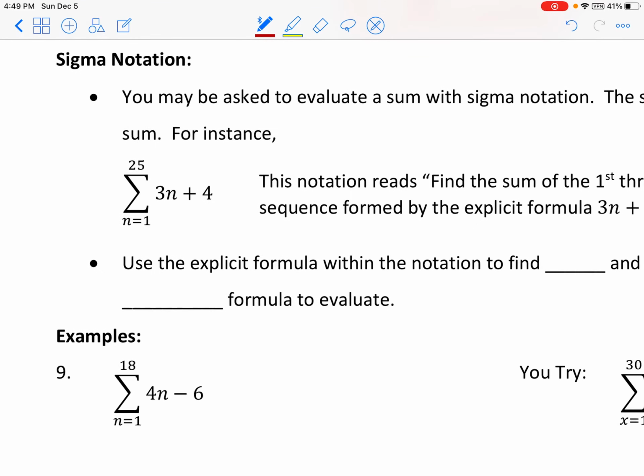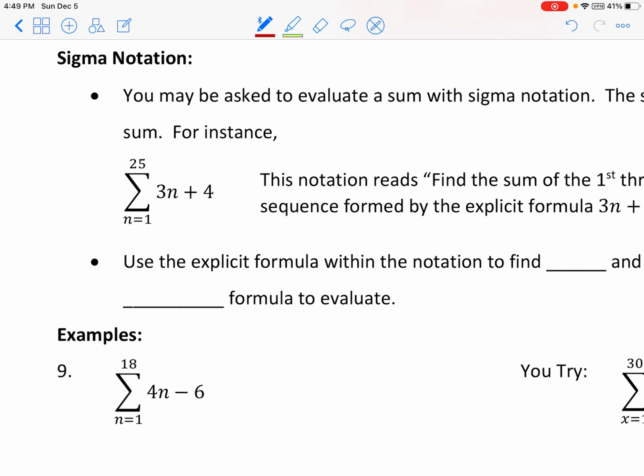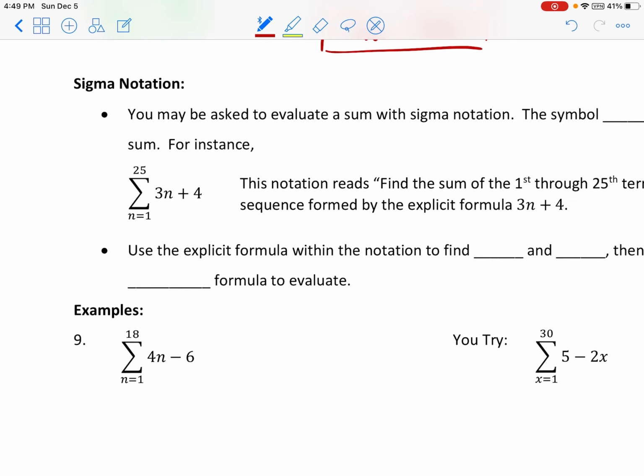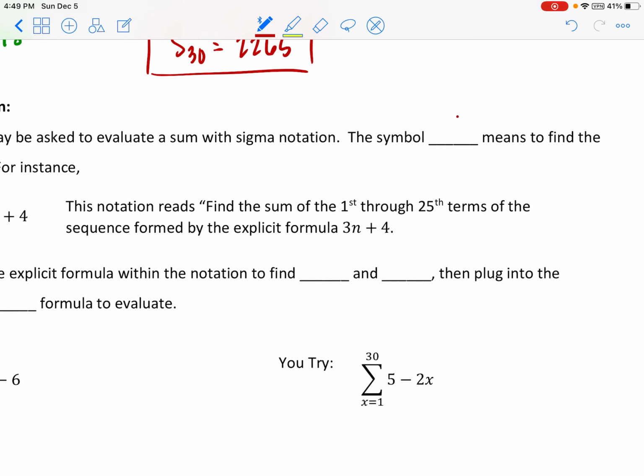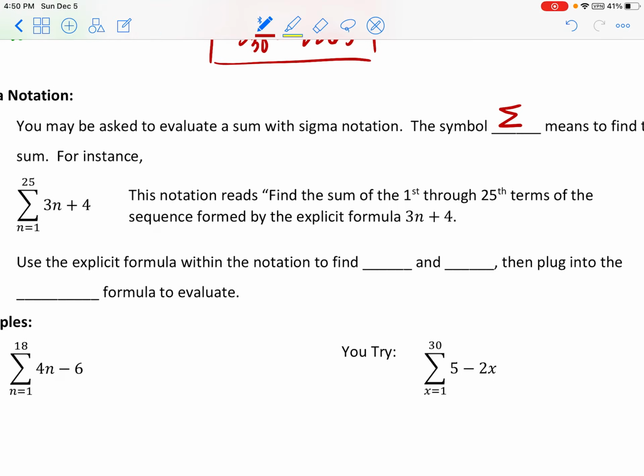Now the last piece is really doing the same thing that we just did. It's evaluating a sum, but it's using what we call sigma notation. It's kind of a fancy one, but if you're going to go on to higher levels of math, you'll definitely see some more of this. So you might be asked to evaluate a sum with sigma notation. The symbol, like this, that little sort of E-looking thing, is our sigma, Greek letter sigma, and it means to find the sum.